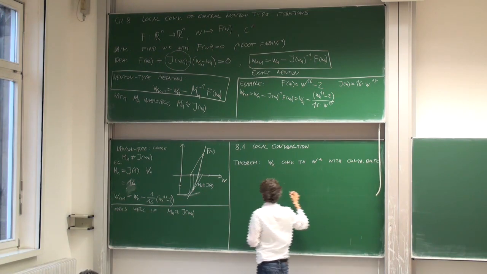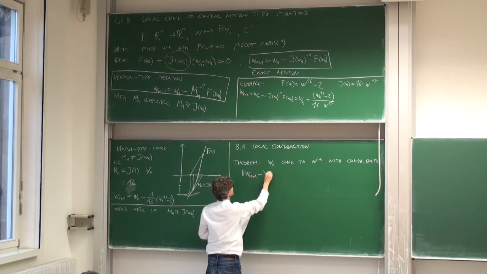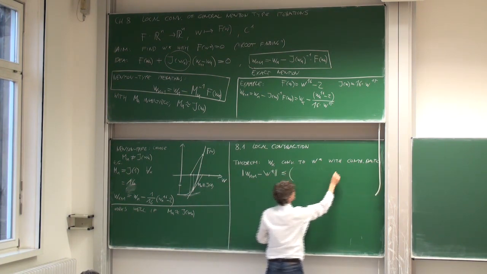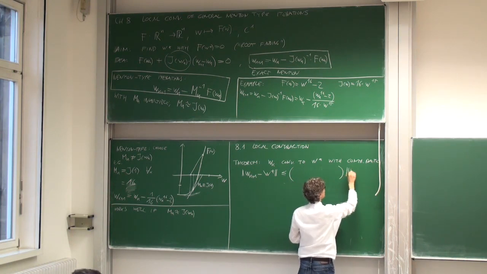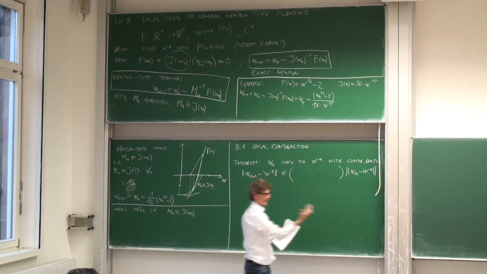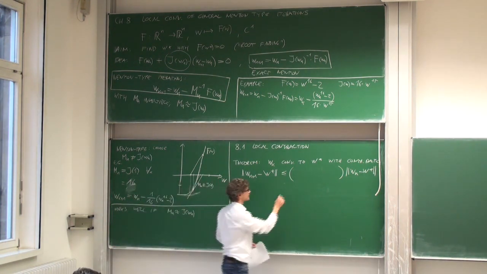And now I write a contraction rate, which is this thing: norm of w_{k+1} minus w star is smaller than, and now I have some long term and some short term, times norm of w_k minus w star. So it's something like a linear contraction, but let me put this rate here, and afterwards the conditions, right?